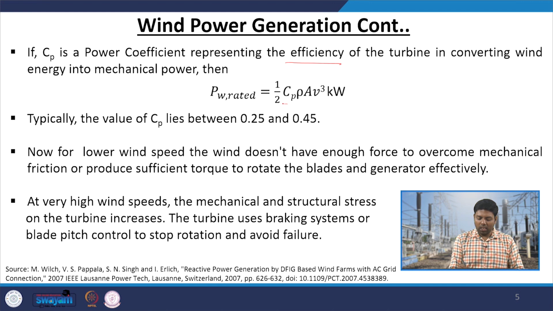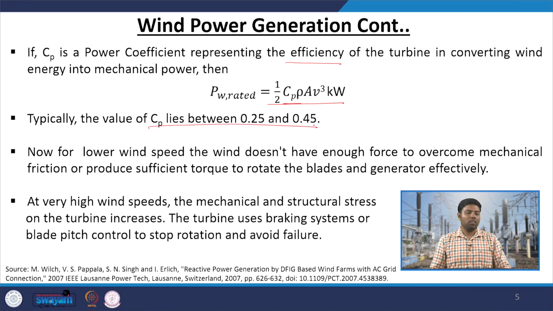If you put that term, it becomes the expression half Cp rho A v cube kilowatt, and the value of Cp is very small, that is 0.25 to 0.45. That means, the amount of power you can actually harness from wind is a maximum of 45% of that. So, that is the mechanical limitation of the wind turbine arrangement.